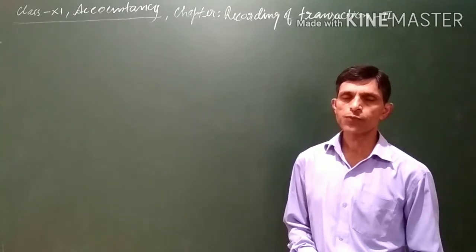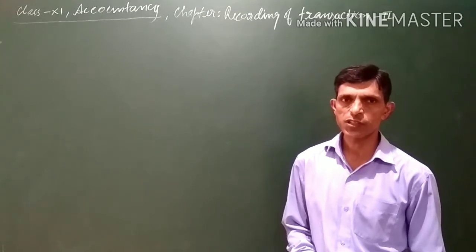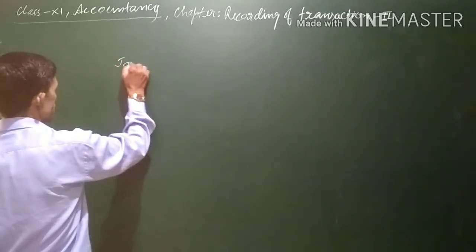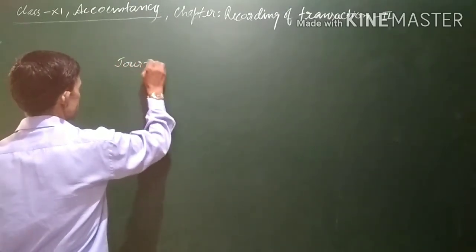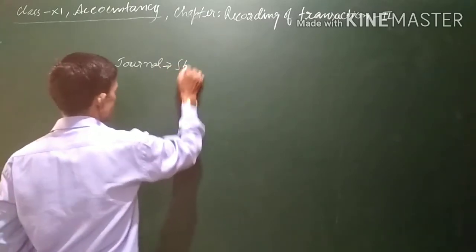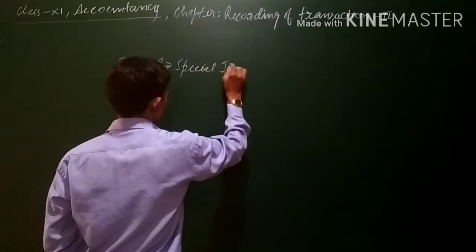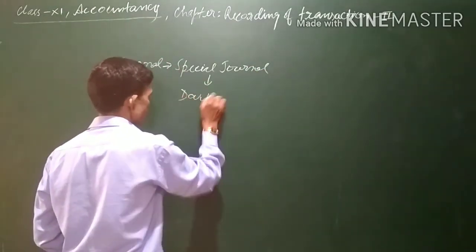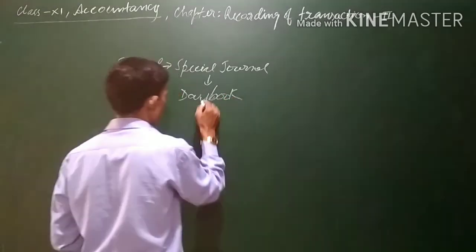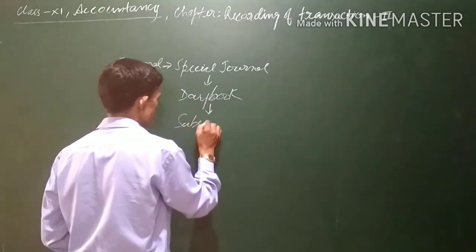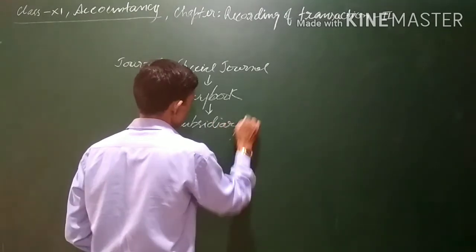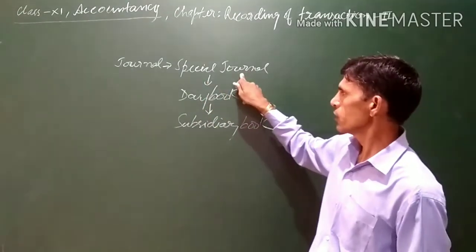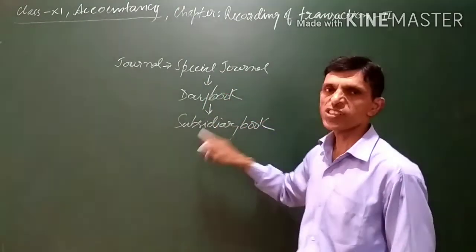The journal is further divided into sub-journals, or you can say special journals, which are also known as day books or subsidiary books. The journal is further divided into special journals, also known as day book or subsidiary book.